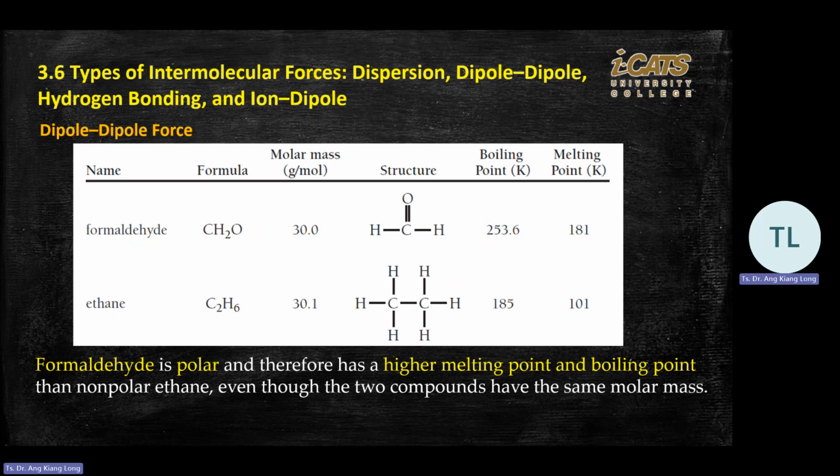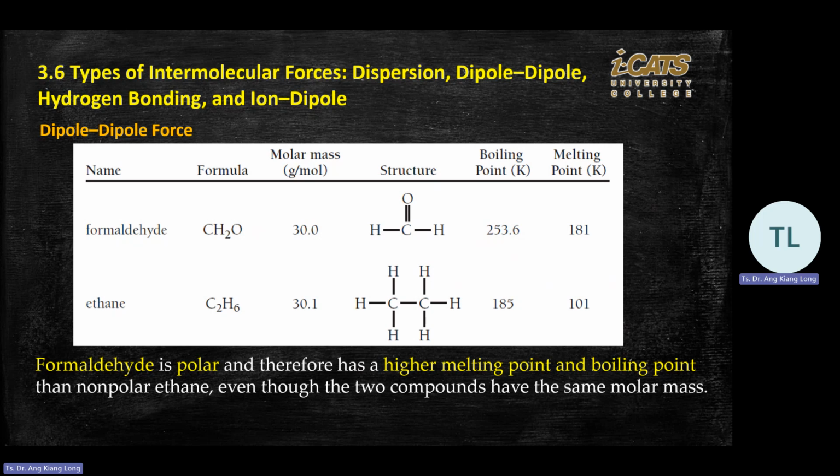So from this slide, it tells you the C2H2 is polar, so it will have a higher melting point compared to ethane, which is C2H6. If you calculate the molar mass, the two will be the same, 30 grams per mole, almost there.